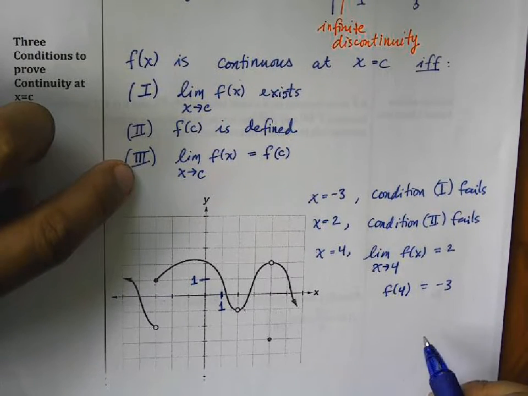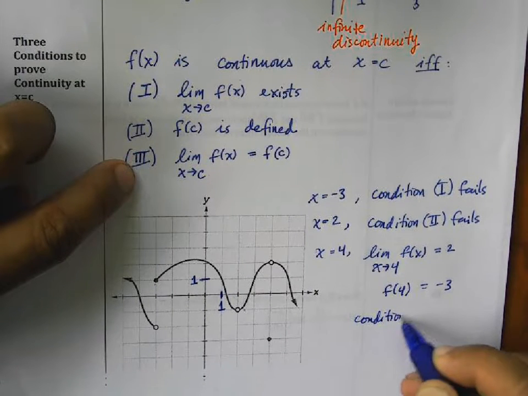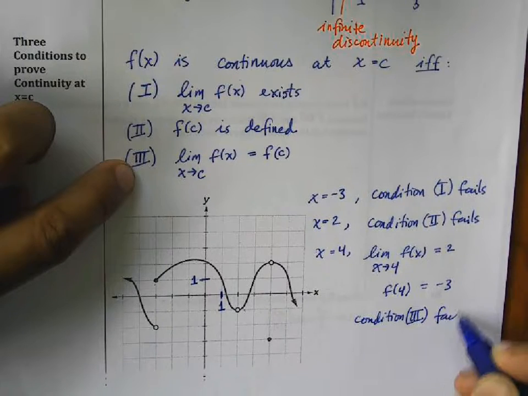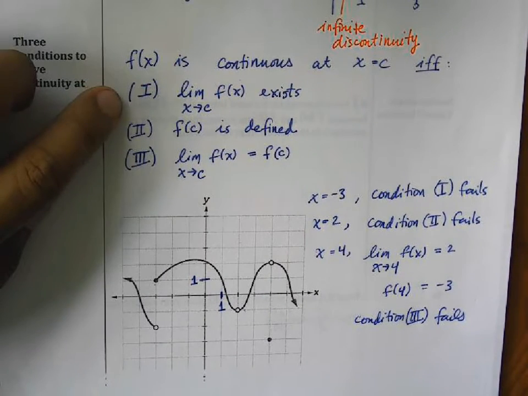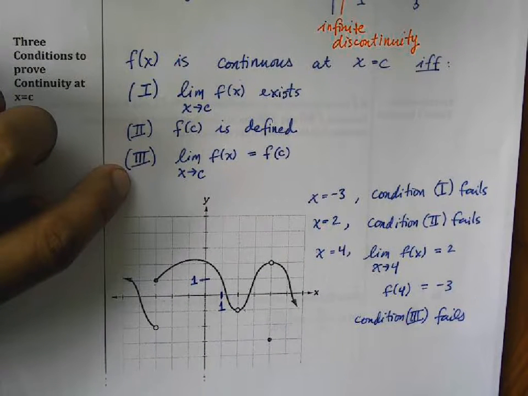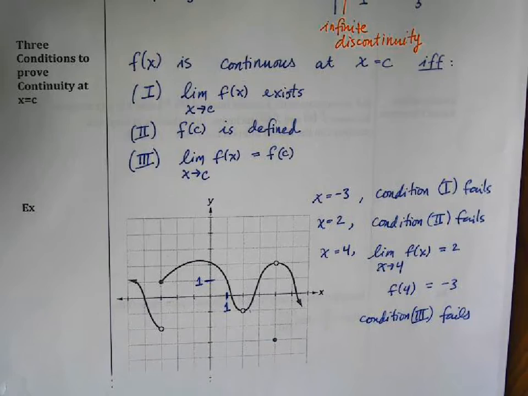You can clearly see here that condition 3 fails. The limit exists, f is defined, but the limit and the value of f are not equal to each other. So there's an example of all three cases failing.